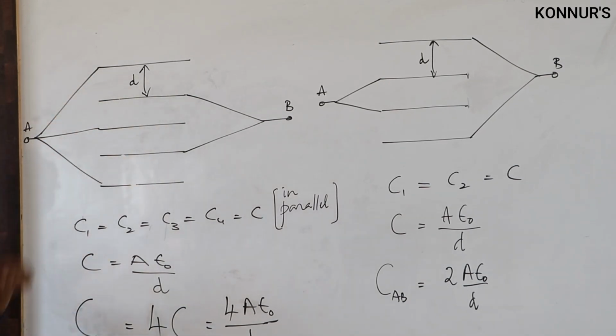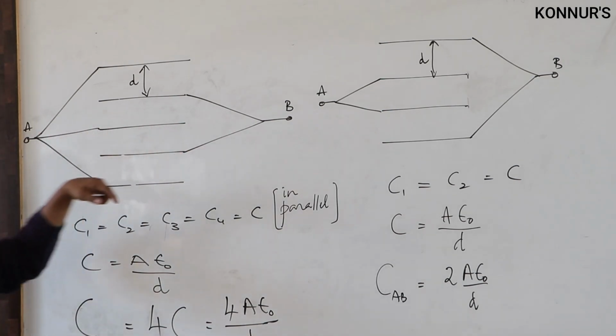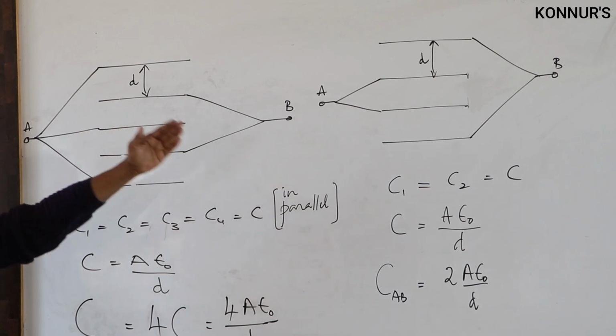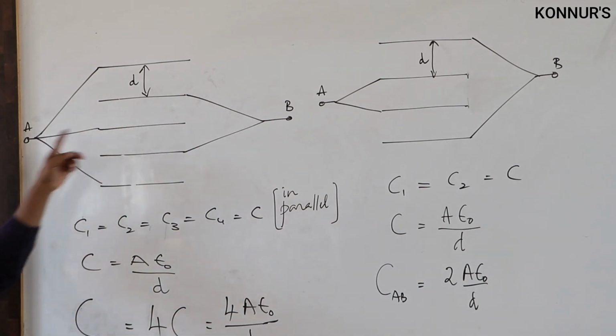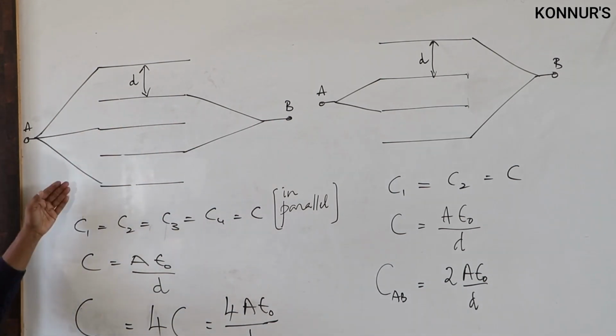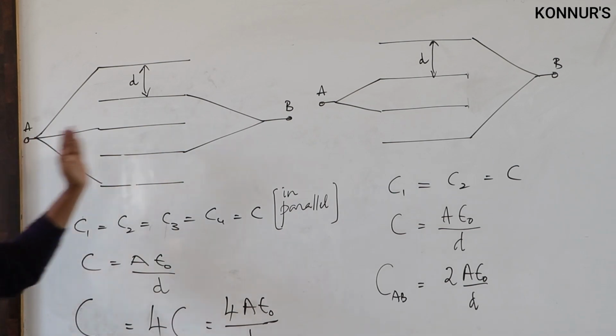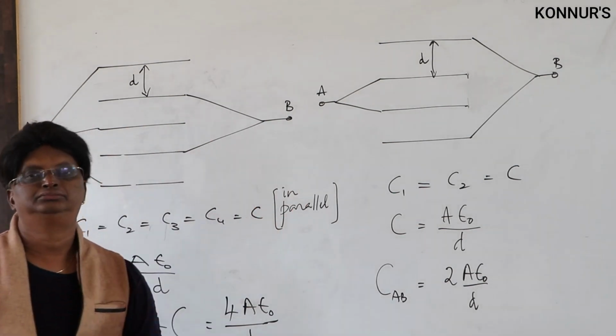This is how they are arranged and how they are connected to potential points A and B. Now the question is, find the effective capacity across A and B.